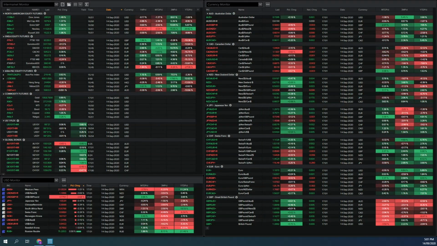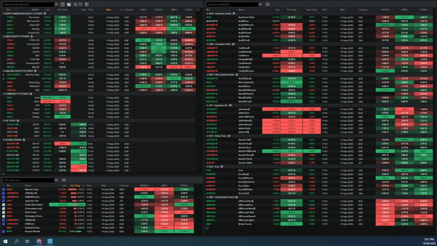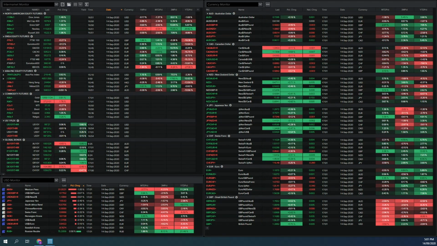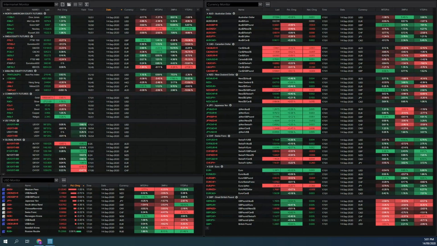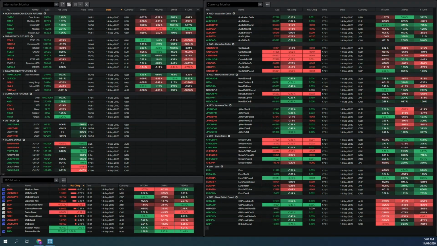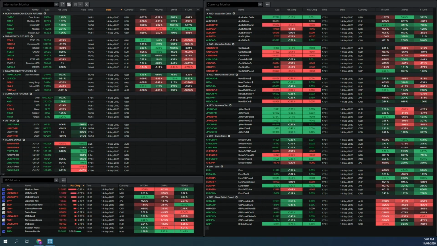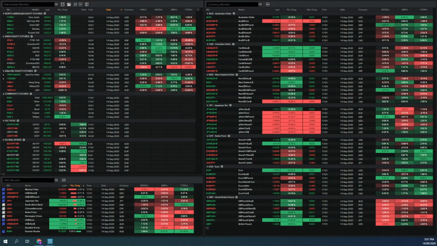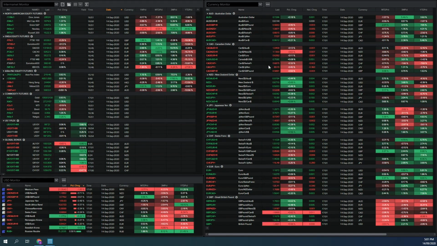We do have some upcoming employment data for the Aussie later this week, where markets are expecting a lower print in jobs as well as a higher print in unemployment. And I expect that could be weighing on the Aussie to some extent. But apart from that, I'm not really seeing any solid reasons for the Aussie dollar not moving higher with the current risk flows that we're seeing.